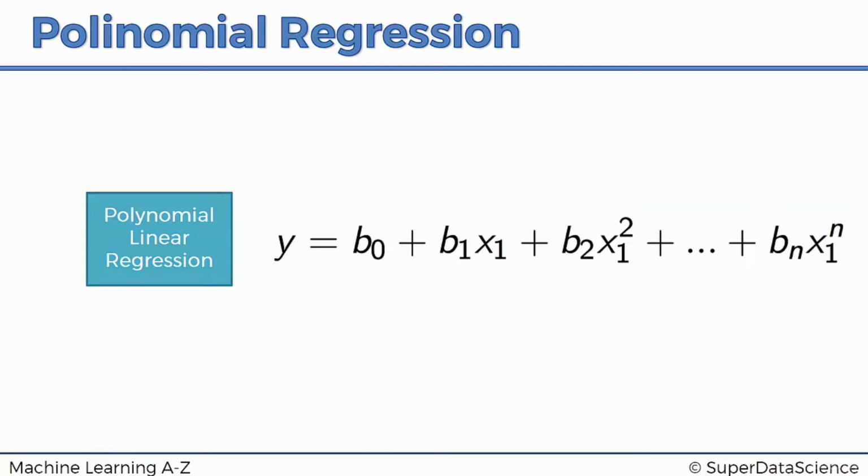Well, the trick here is that when we're talking about linear and non-linear, we're not actually talking about the x variables. So even though the relationship between y and x is non-linear here, when you're talking about the class of a regression, whether it's linear or non-linear, you're talking about the coefficients here.